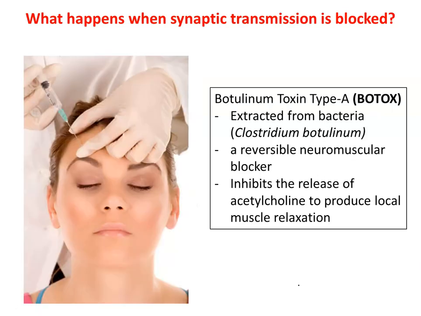Now, here's another thing that stops synaptic transmission, and this is this other toxin called botulinum toxin, aka Botox, right? This is extracted from a specific bacteria whose name we're not going to memorize because this isn't micro, but it's reversible with time.